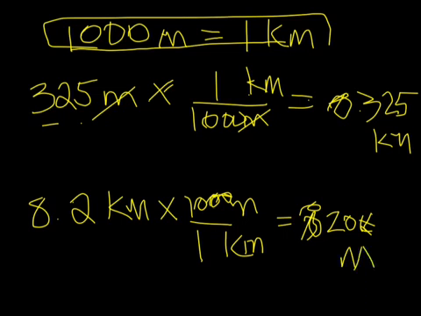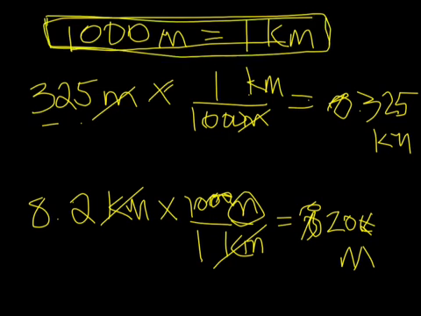Sorry, I'm not writing very well here. But it's all based off of this fraction. If I can cancel out my kilometers and be left with meters, based on this equivalency, then I'm going to get the correct number. By the way, this number that is a mess is 8,200.